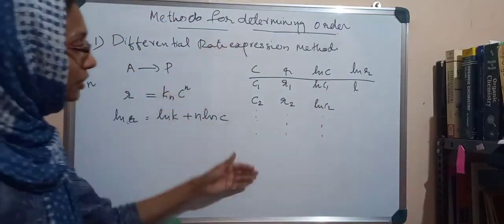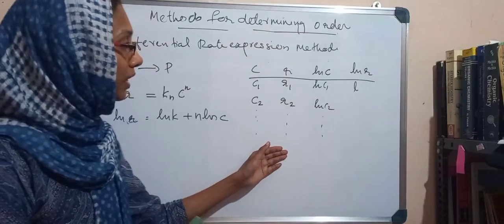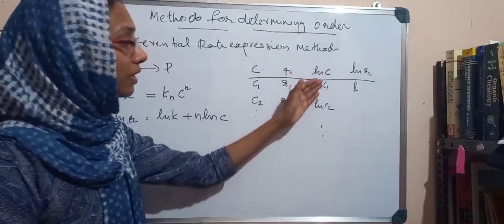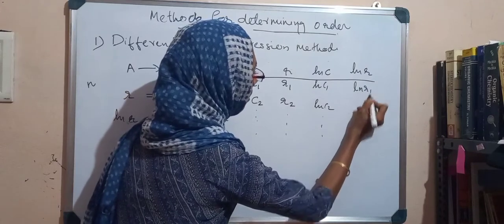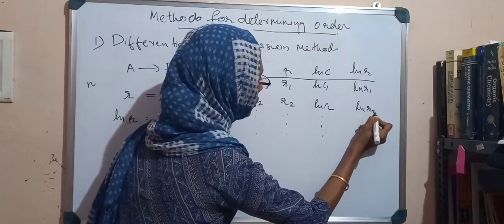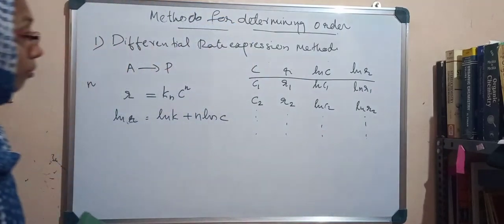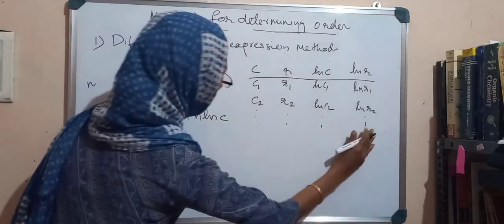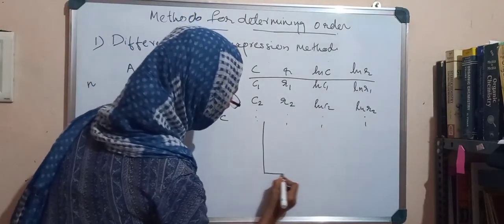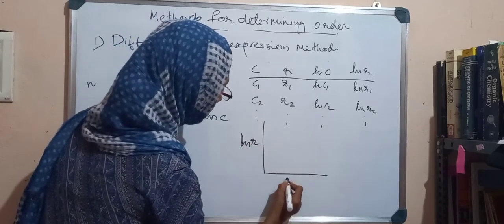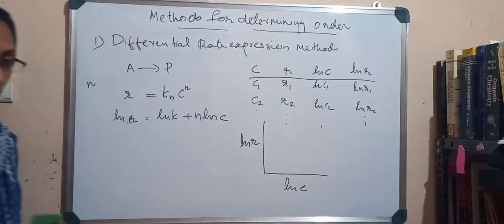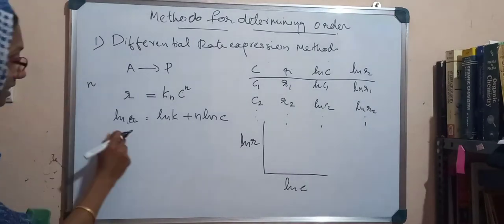So at different concentrations we determine the rate of the reaction, taking the logarithm of the concentration and the logarithm of the rate. Then plot a graph between ln R versus ln C. Look at this equation.